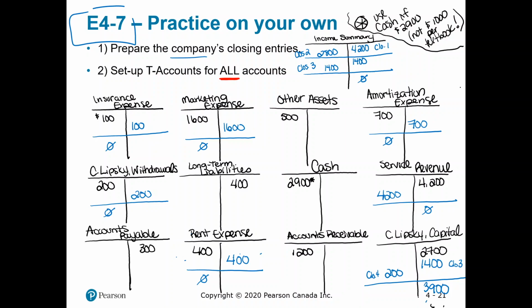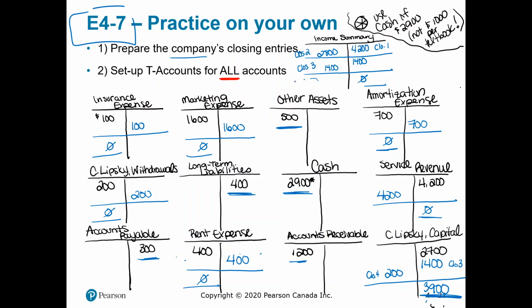So we're taking all of the accounts that have balances. Here we have an asset balance. We've got liabilities. We have cash. 0 on our revenues. AP, we have a balance. Our rent expense is gone. We've got accounts receivable, and we have the capital account.